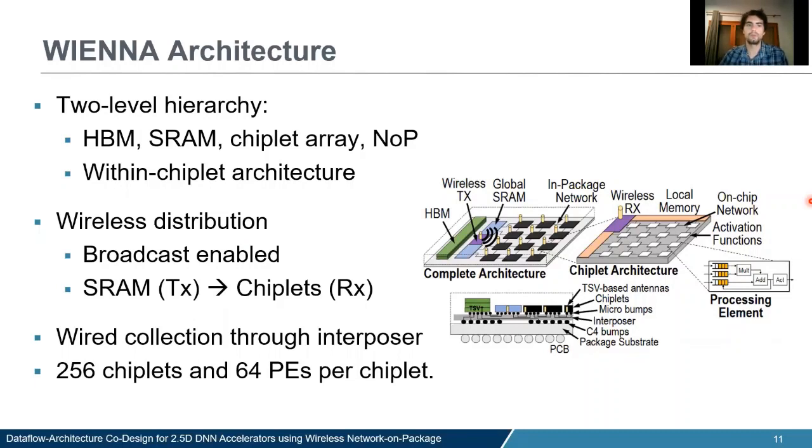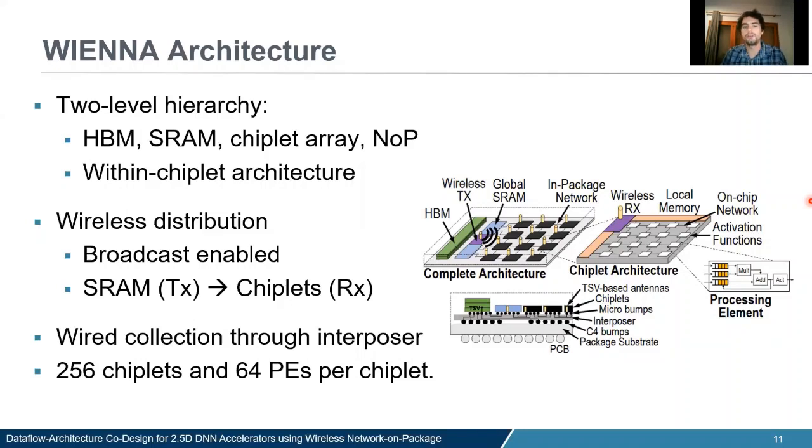Basically, we'll have two levels. The first one includes the high bandwidth memory, the global SRAM, the chiplet array, and the Network-on-Package. And then a lower level will be the within-chiplet architecture, of which we are agnostic. So we are focusing on the top level. In that top level, for the distribution stage, we will use the wireless, as we said, which will enable us to use broadcast.